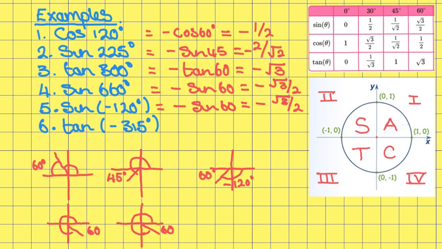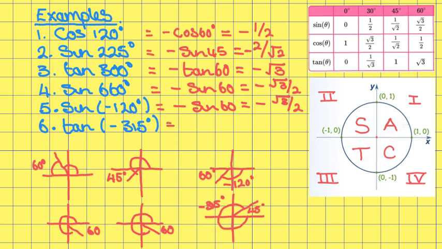And number 6, we want tan of minus 315, sorry. So draw our diagram. That angle there is minus 315 degrees. So the acute angle will be 45 degrees.